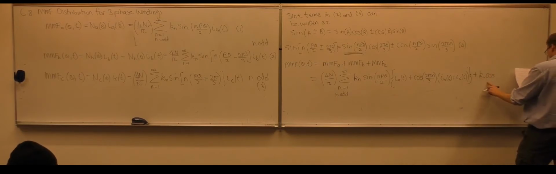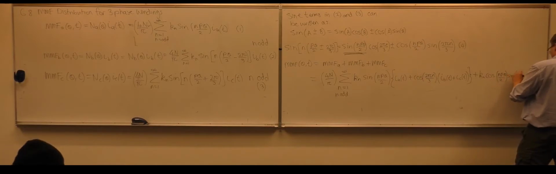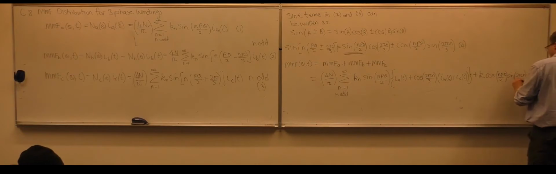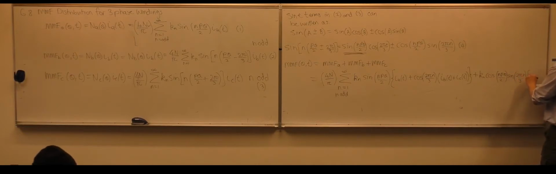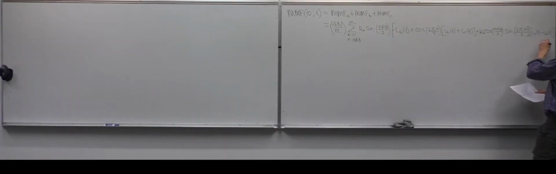So we have Kn cosine np theta over 2 times sine 2 pi n over 3, and that's multiplied by IC minus IB. Just managed to fit it. Equation 5.